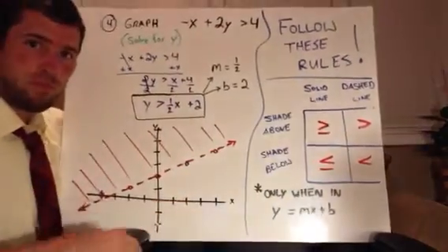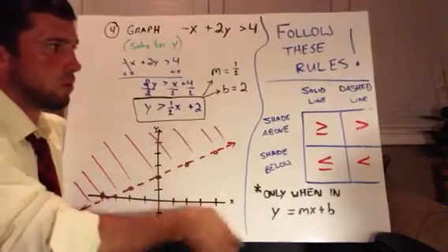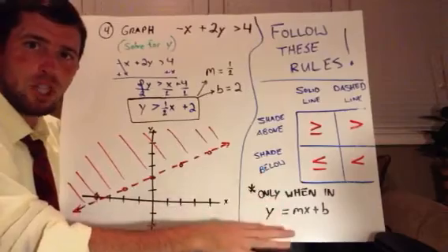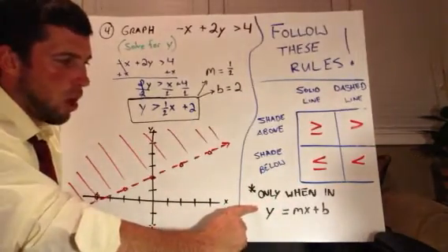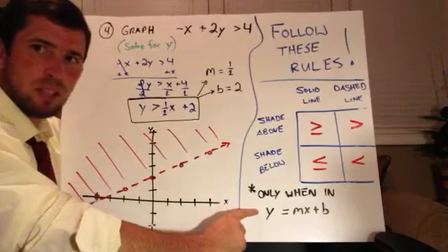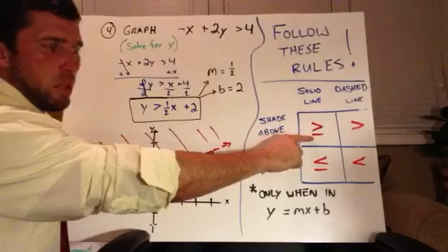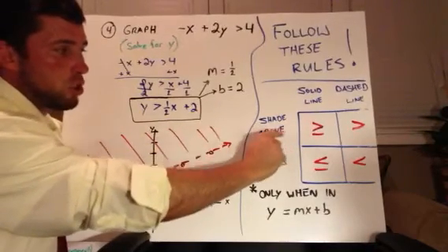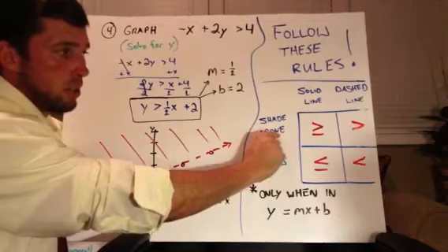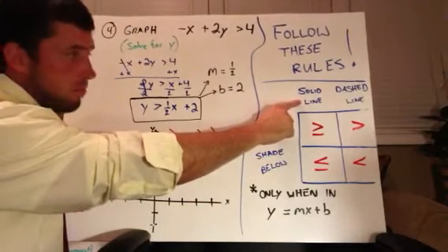So, next, follow these rules. In this box, I have a little cheat sheet for you. And you only want to do this, I'll refer to the bottom first, only when you have y equals mx plus b. You only shade above the line when you have greater than or equal to, and you have a solid line.